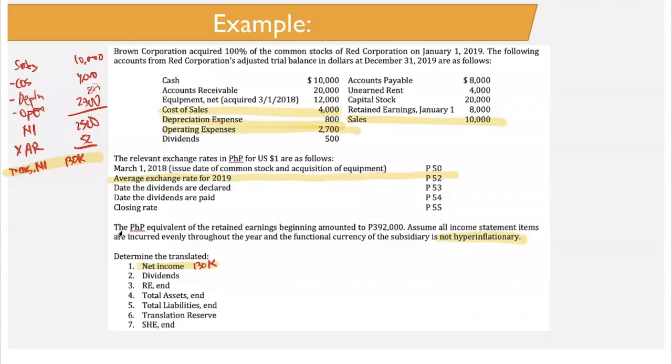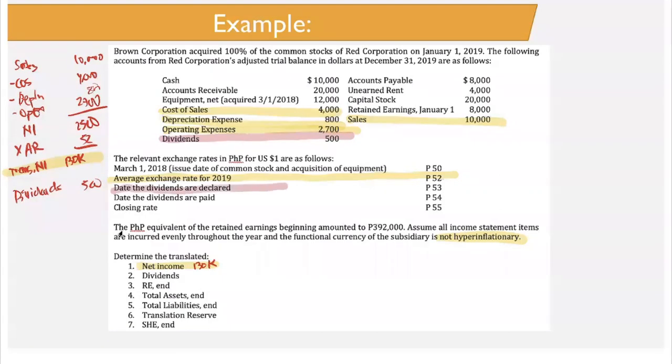So how much is our translated dividends? So first, we need to compute for our dividends. Dividends is at $500. And we compute now the translated dividends by using the rate at the time the dividend is declared.